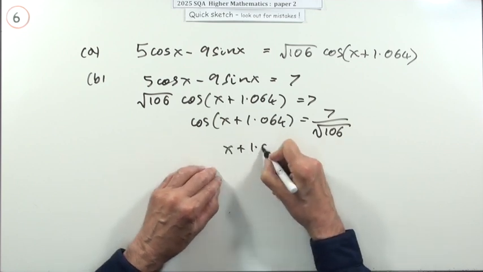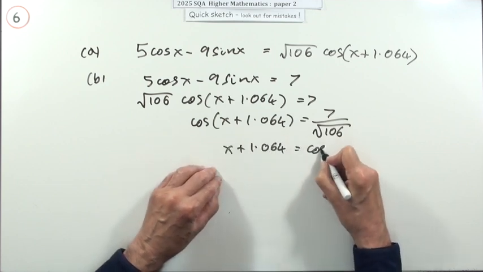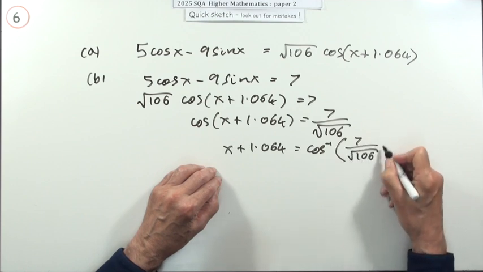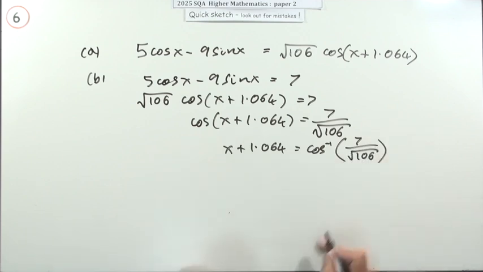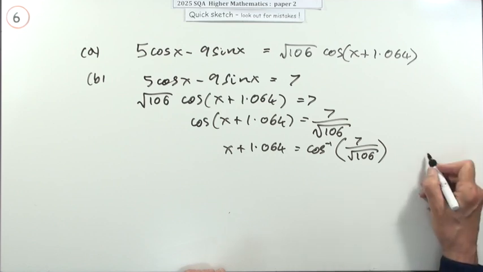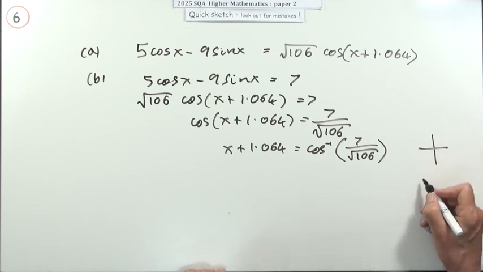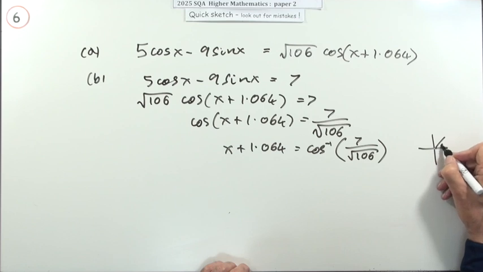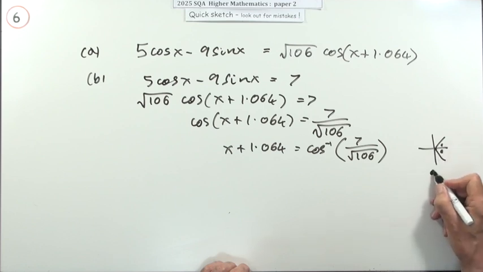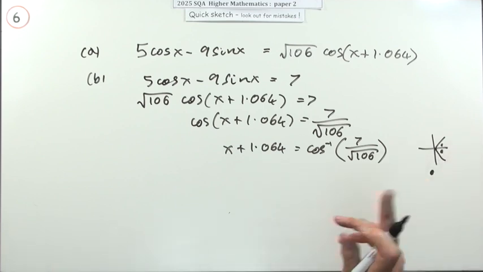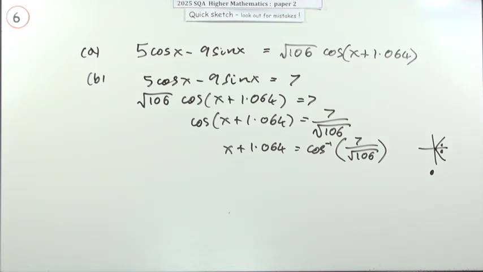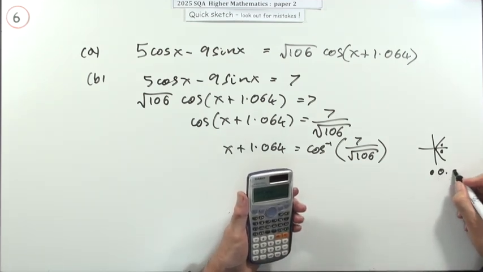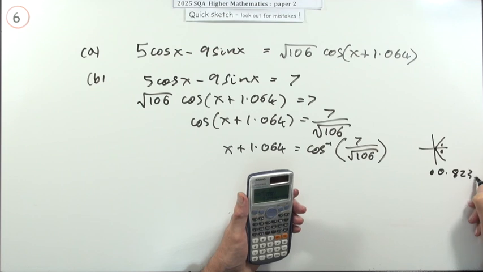So x plus 1.064 will be inverse cos of 7 over root 106. But this time there will be 2 answers. So we're probably going to use this here then. So the cosine's positive, so it's going to be either here or here. So it's just a case of finding what that acute angle is in radians. And when you press the buttons, you've got 0.8231 and so on.